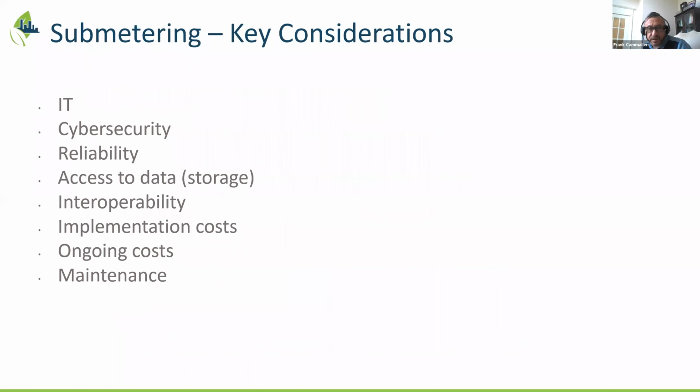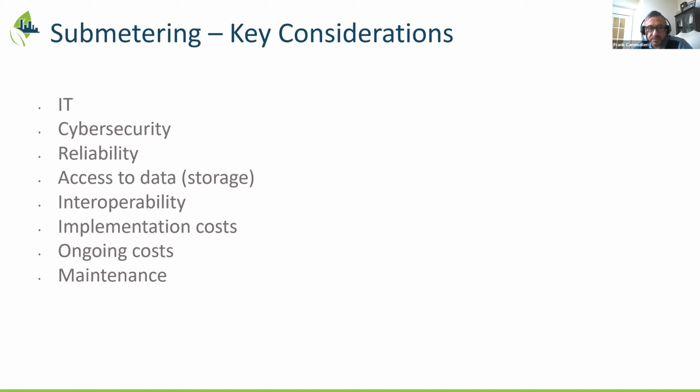The next slide I want to talk about: there are so many considerations you need to think about. We'll try to distill it into a handful of items. So here are a handful of items listed on this slide, but I'm going to resort to asking the panel a little bit more about this. But IT is a big item. Cybersecurity is very related to that. The reliability of the data is important.